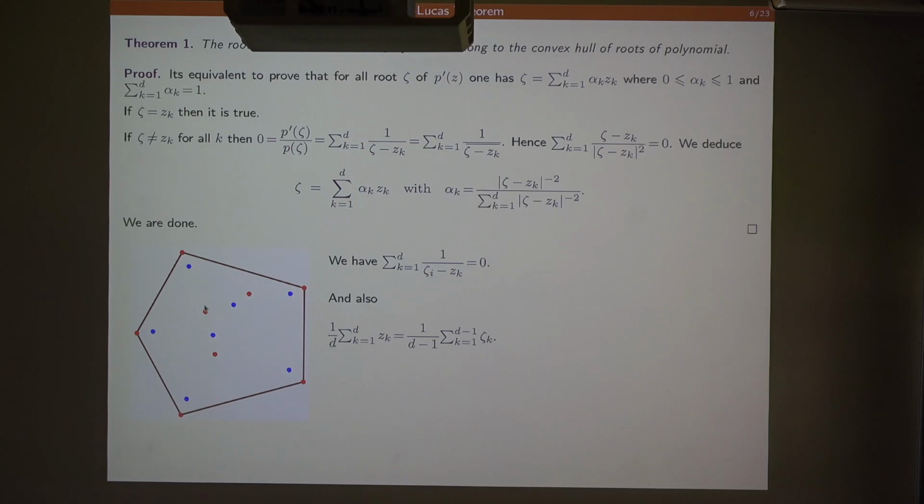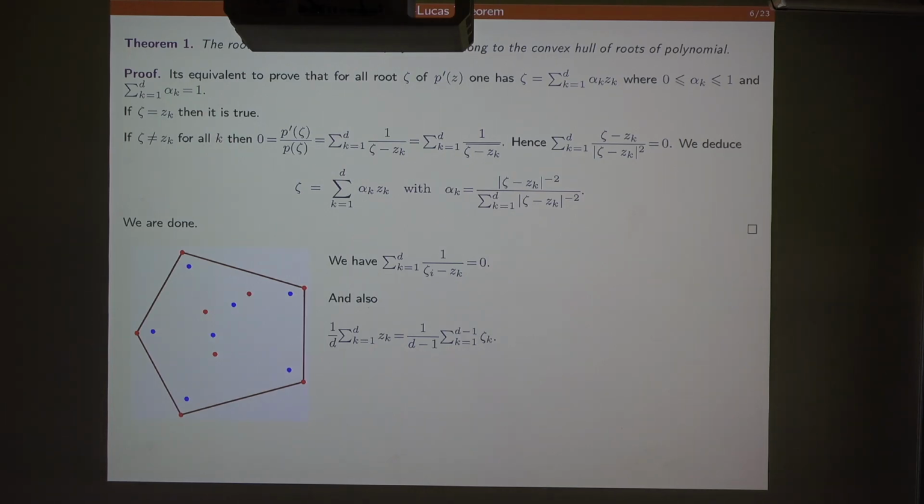It's a theorem proved by Gauss and Lucas. It's the Gauss-Lucas theorem. Perhaps you know this theorem. And this theorem is very beautiful because it says the roots of the derivative are in the convex hull of the roots of the polynomial.